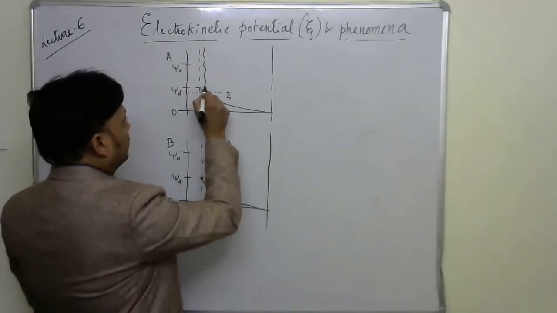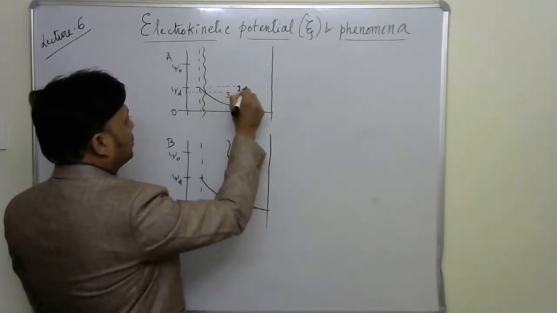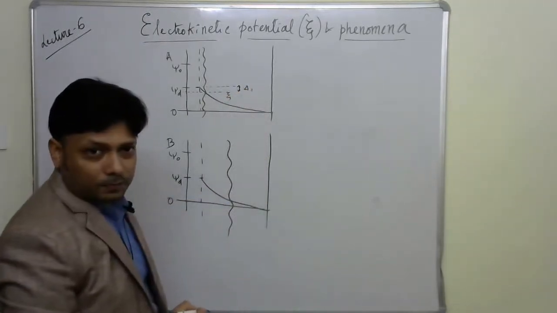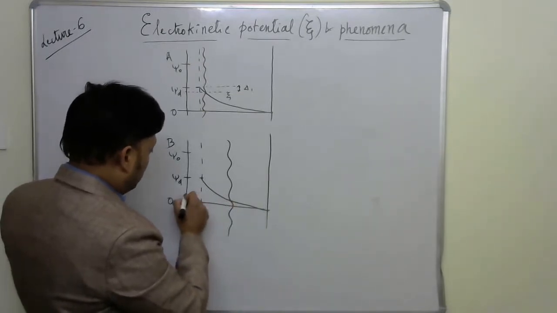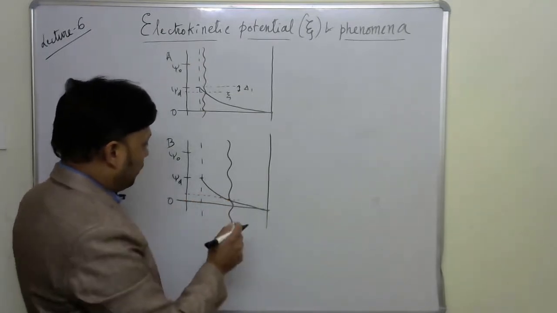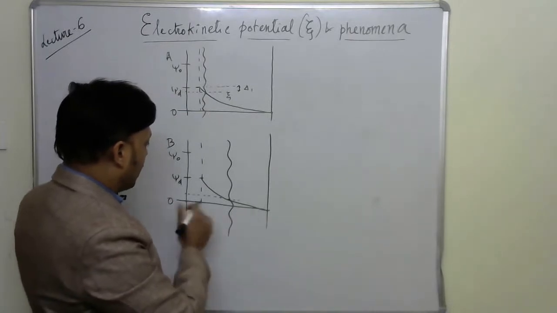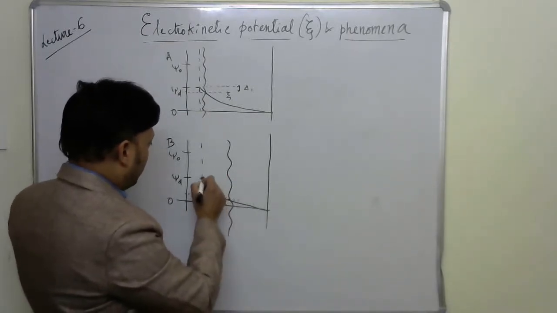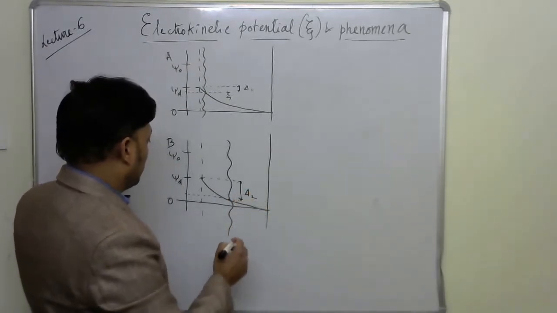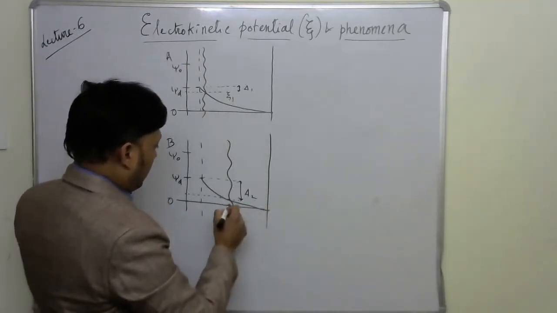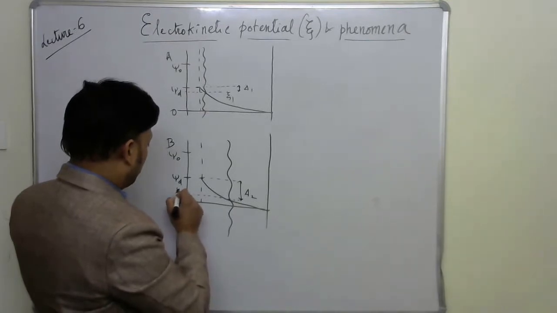And here, the difference is only this much, so we call it delta 1. And here you see, the zeta potential is here, far away from the Stern layer. So therefore, in this case, this is my delta 2. So this is zeta 1 and this is zeta 2.